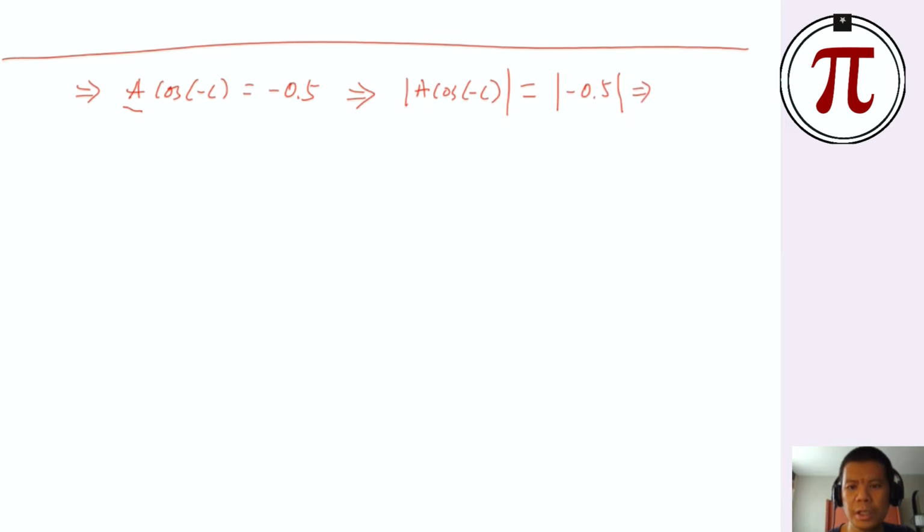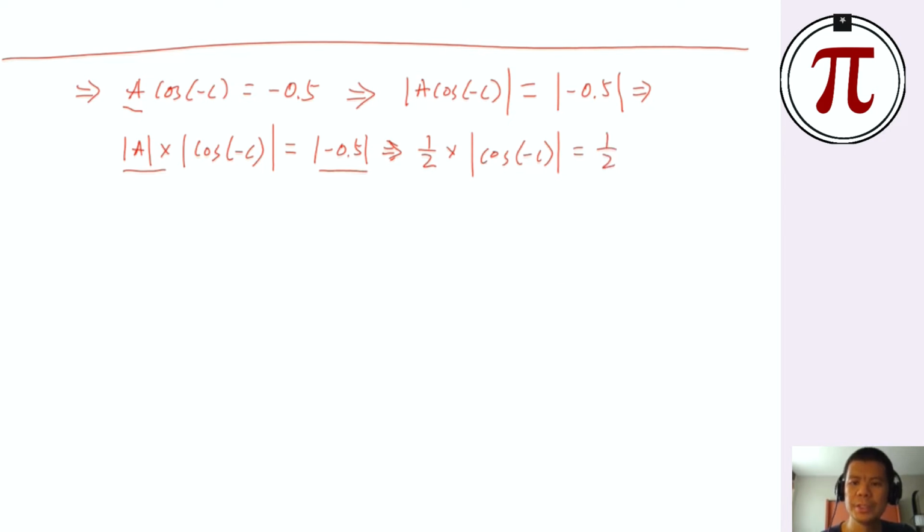So the absolute value of A times the absolute value of cosine of negative C equals the absolute value of 0.5. The absolute value of A is 1/2, times the absolute value of cosine of negative C, equals 1/2. This means the absolute value of cosine of negative C equals 1.